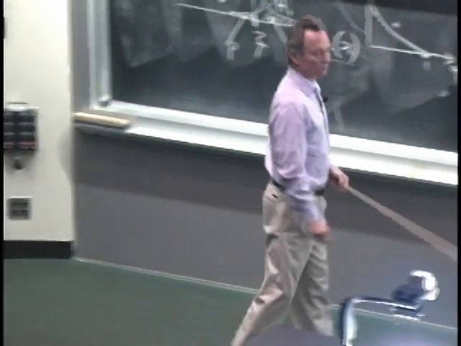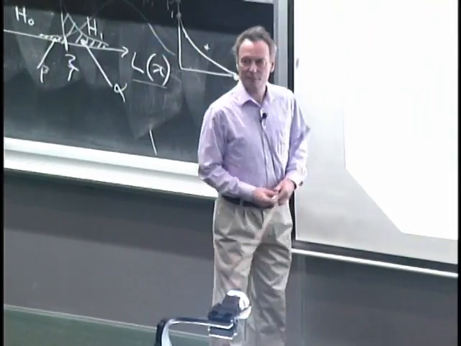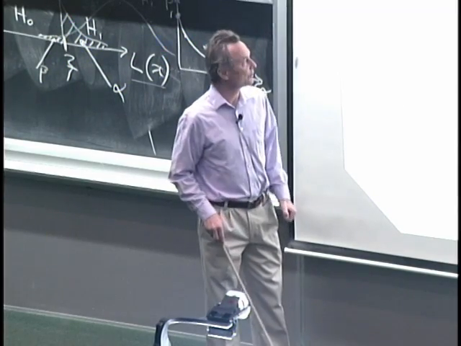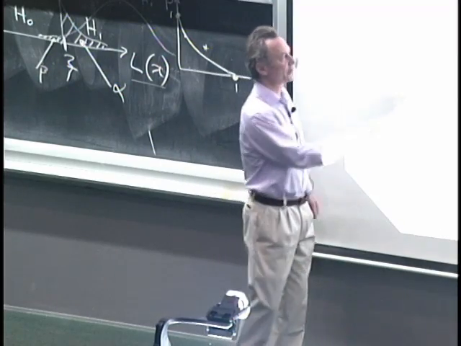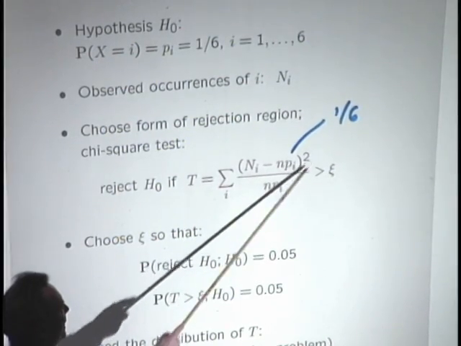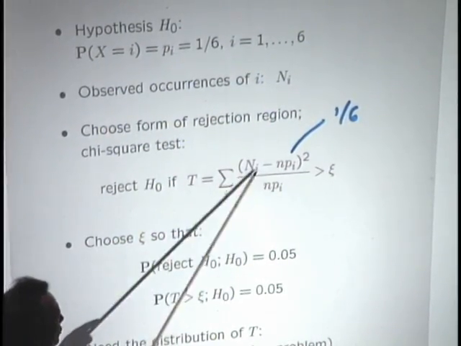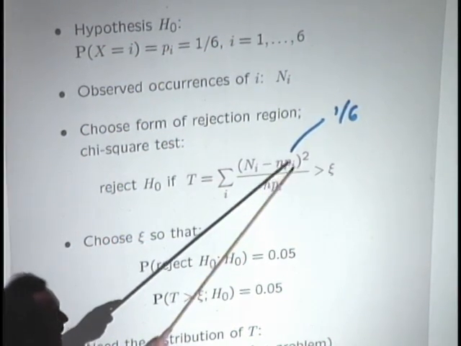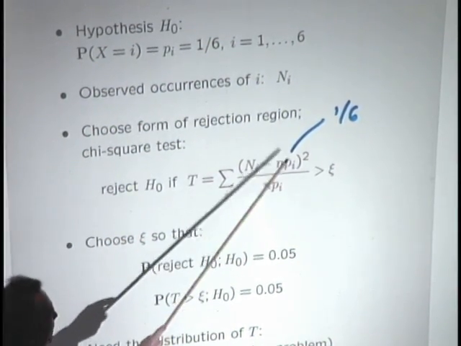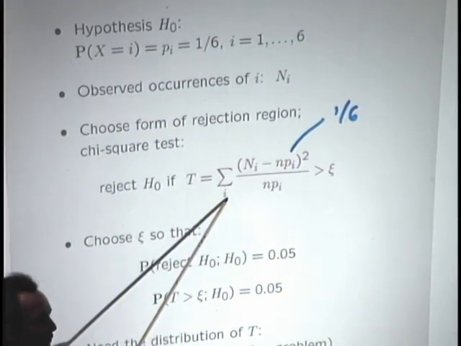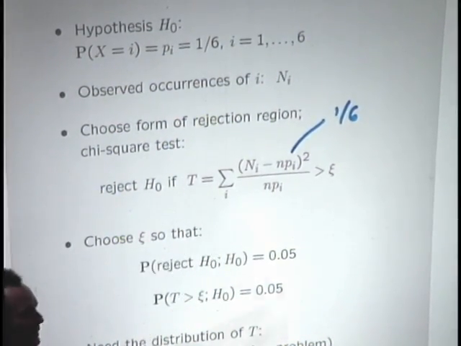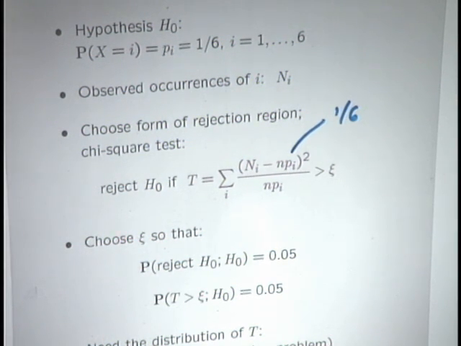So someone has come up with this thought that maybe the right statistic to use, or the right way of quantifying how far away the N_i's are from their mean, is to look at this quantity. So I'm looking at the expected value of N_i under the null hypothesis, see what I got, take the square of this, and add it over all i's. But also throw in this term in the denominator. And why that term is there, that's a longer story.